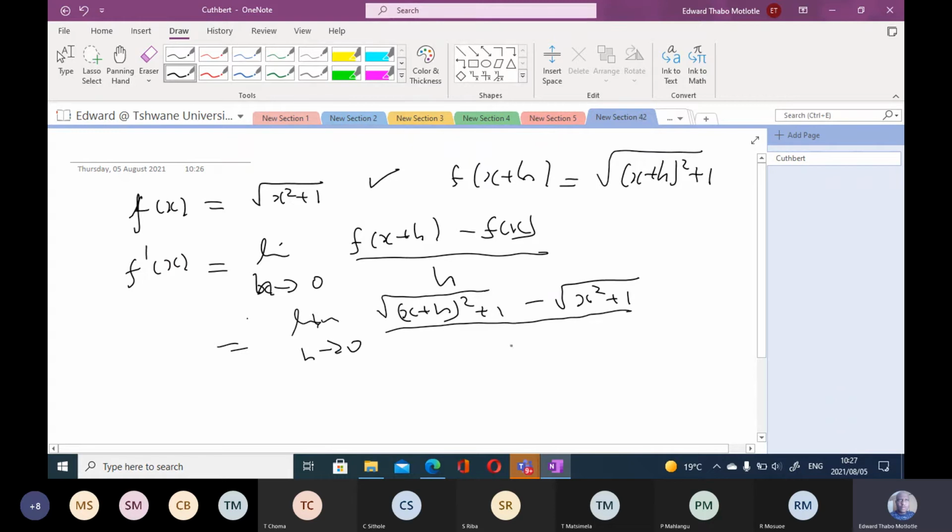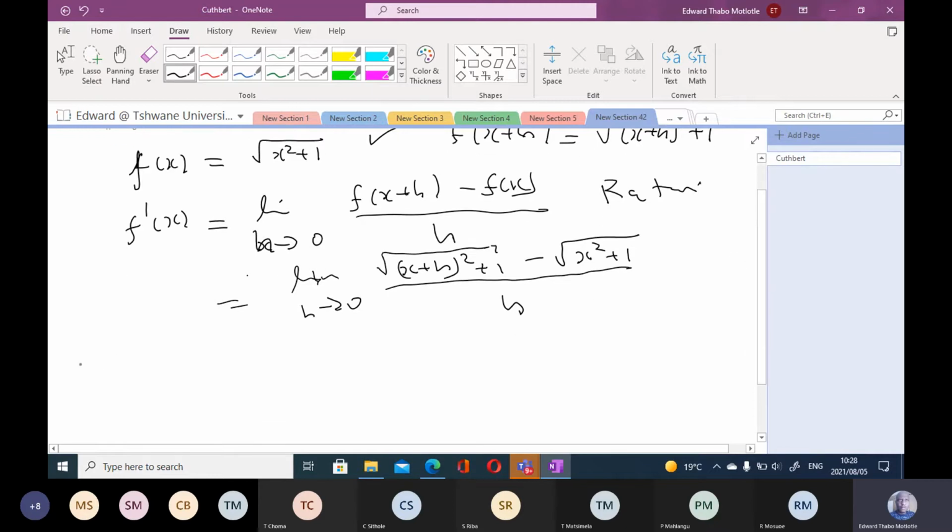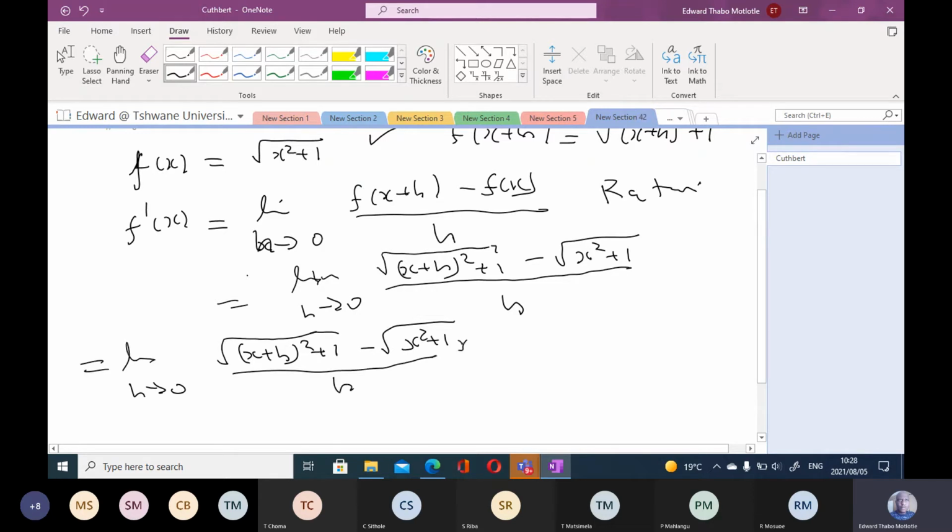Okay, now for you to be able to solve this type of problem, we need to use the method of rationalization. So you multiply the top one. You see here, we look for the conjugate of the top one. So basically, if I do this in detail, we end up with the limit as h approaches 0 of the square root of (x plus h) squared plus 1 minus the square root of x squared plus 1, all over h, multiplied by the conjugate.